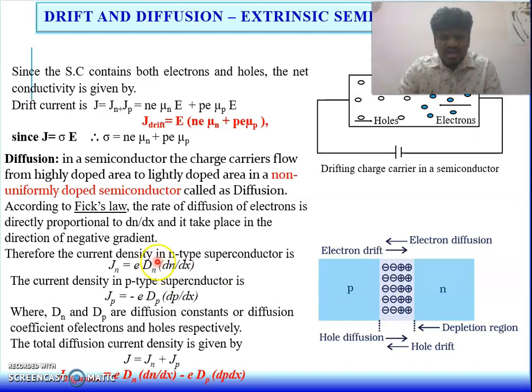That we can indicate as dn by dx in the case of an n-type semiconductor, that means the variation of carrier concentration with respect to the distance from the initial point.